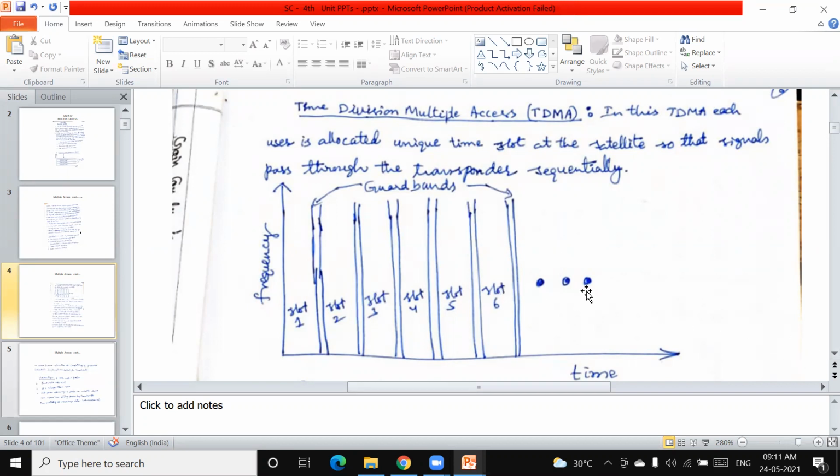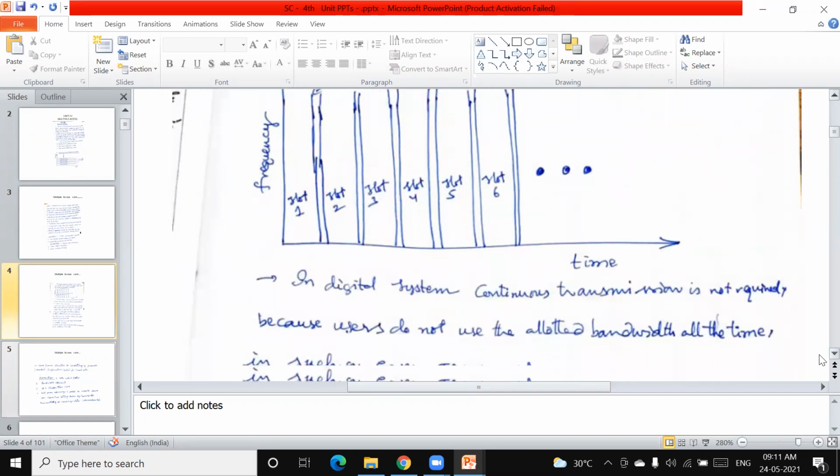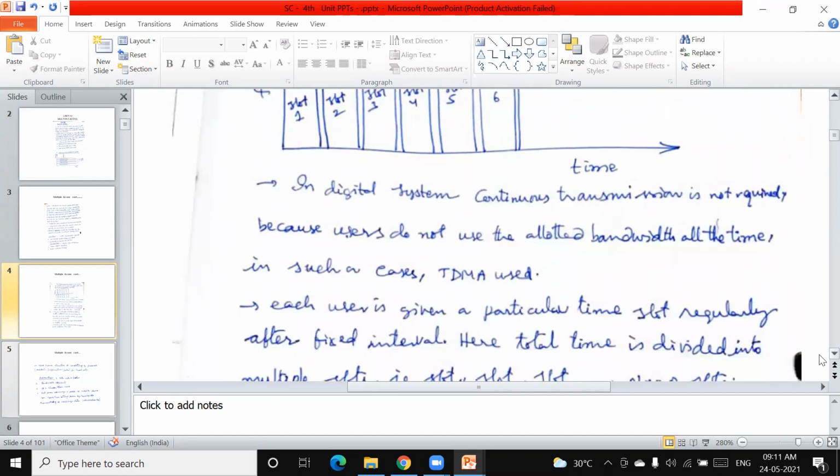For n users, n time slots are provided. The frequency is the same, but the time slots are varied. This is called time division multiple access, and it is meant for digital communications only.